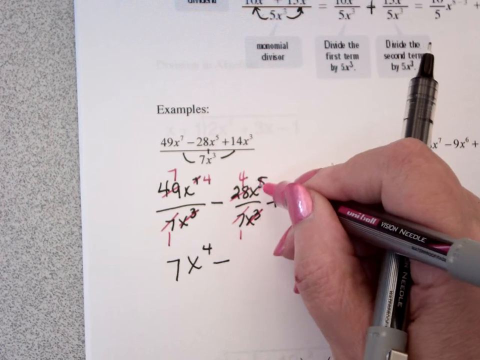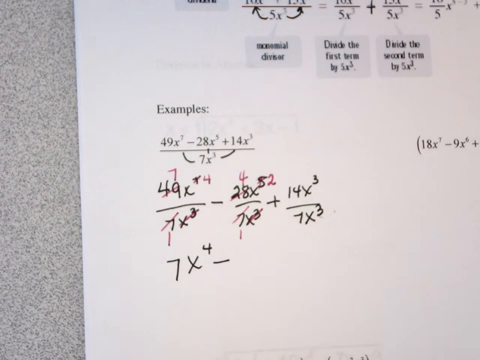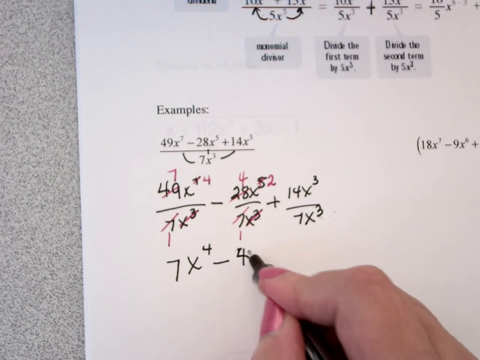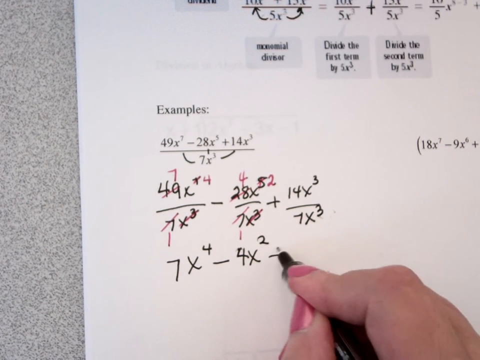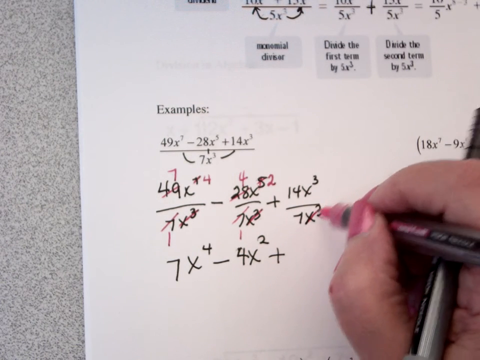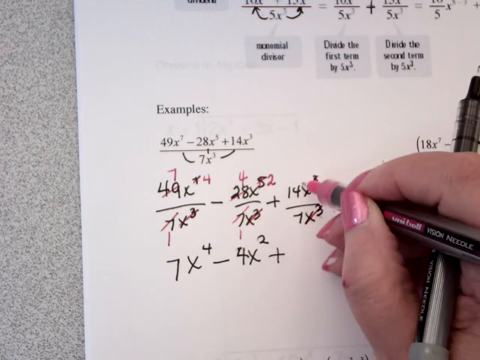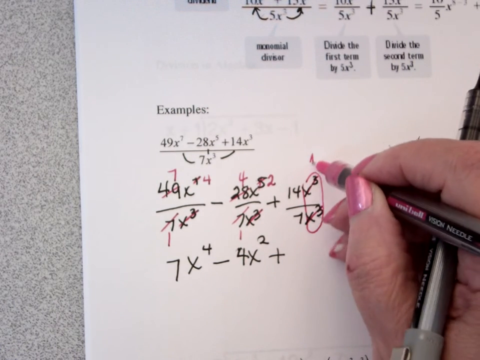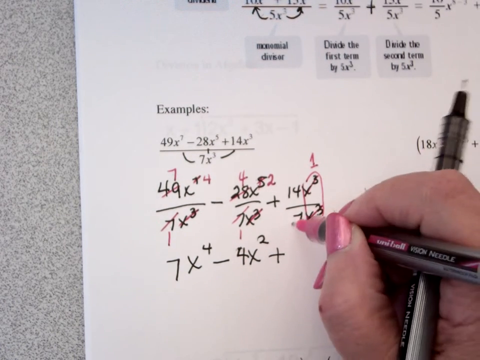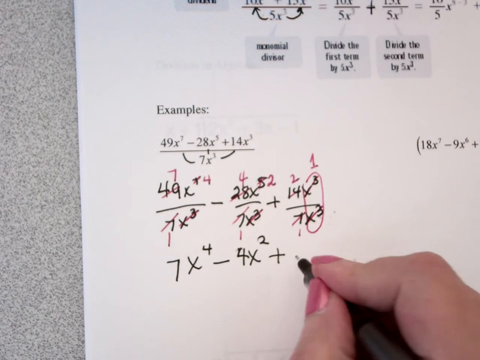If I take 3 from that 5, that's going to give me a 2. So it's going to be 4x squared, plus. And here, this is 3 in the denominator, 3 in the numerator. So essentially, this forms a 1, so it's gone. 7 divides 14 twice. You're just left with a 2.